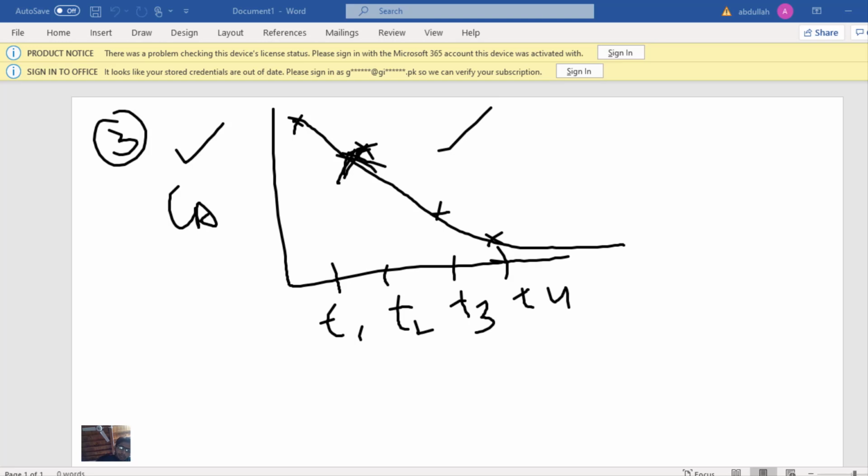Now in the third step we take a time. Suppose at time t1 the concentration was Ca1. At time t2 the concentration was Ca2. At time t3 the concentration was Ca3.